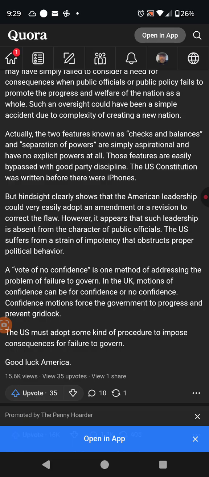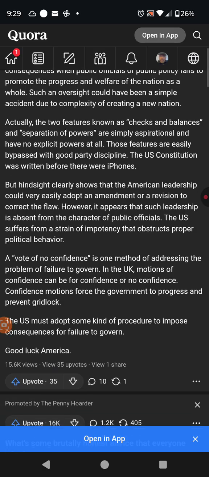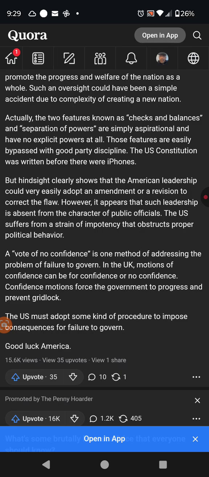Actually, two features known as checks and balances and separation of powers are simple, aspirational, and have no explicit power at all. These features are easily bypassed with good party discipline.